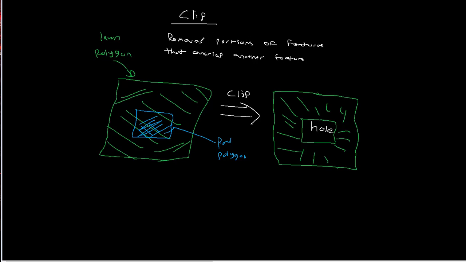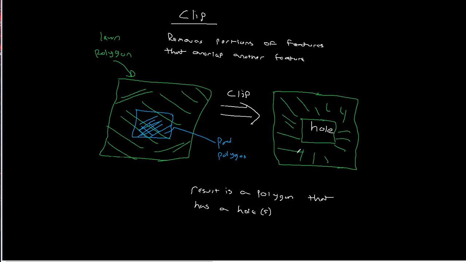We removed that portion of this polygon where the pool was. And so what you end up with is a polygon that has a hole. Or, depending on the situation, it could have multiple holes.